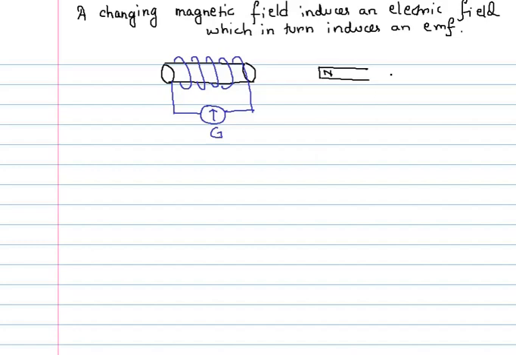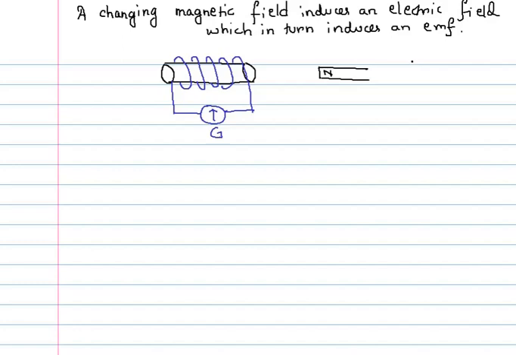In the book you might find that they directly say that a change in magnetic field will cause induction of EMF, but actually it induces an electric field first, which in turn leads to the induced EMF being produced.